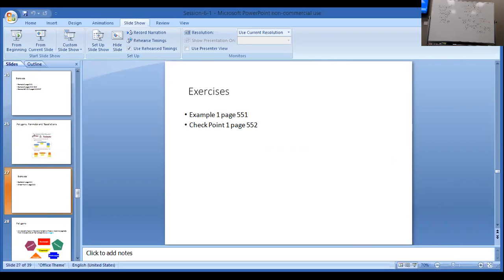If fencing costs $5.25 per foot, find the cost to enclose the whole field. Okay, so first we find the perimeter. It's a rectangular shape, so we have 2 lengths and 2 widths. The length and the width have already been given to us. So we multiply 2 by the length and 2 by the width and add them up, we get 140 yards.